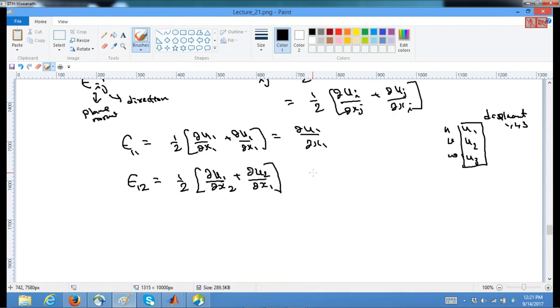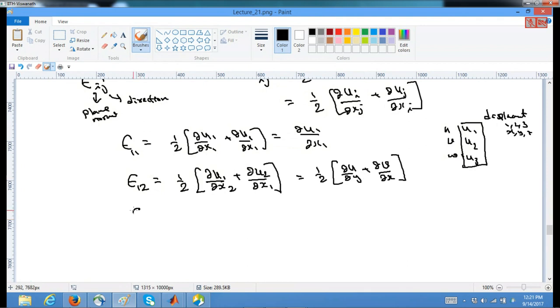I think you might have seen this in terms of u and v, which you call dou u by dou y plus dou v by dou x conventionally, right? Because 1 to 3 are synonymous to x, y and z directions, you might have seen this.